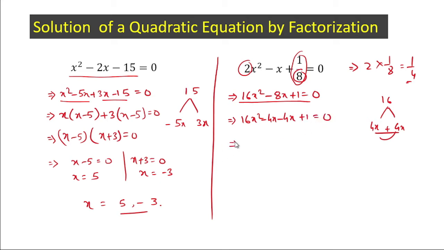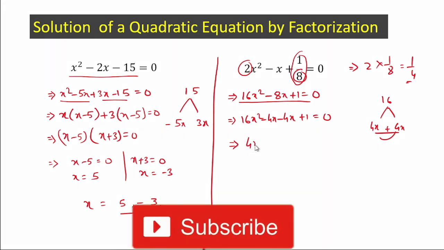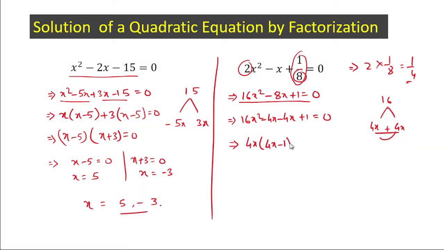Now our next step is to take common. Here we'll take 4x common, this will become 4x minus 1. Here we'll take minus 1 common, this will become 4x minus 1 is equal to 0. 4x minus 1 and here also 4x minus 1 is equal to 0.